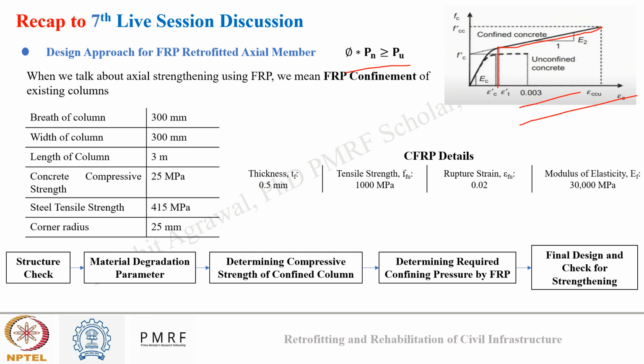In this also we saw one numerical of FRP axial strengthening of a column, going in a step-by-step approach: from initial structure check of whether the structure is sufficient to take FRP strengthening, then the material degradation parameter, determining this phi parameter, then determining the compressive strength of confined concrete, determining the required confining pressure from FRP, and then final design and check for strengthening. So this was all that we discussed in the last session.